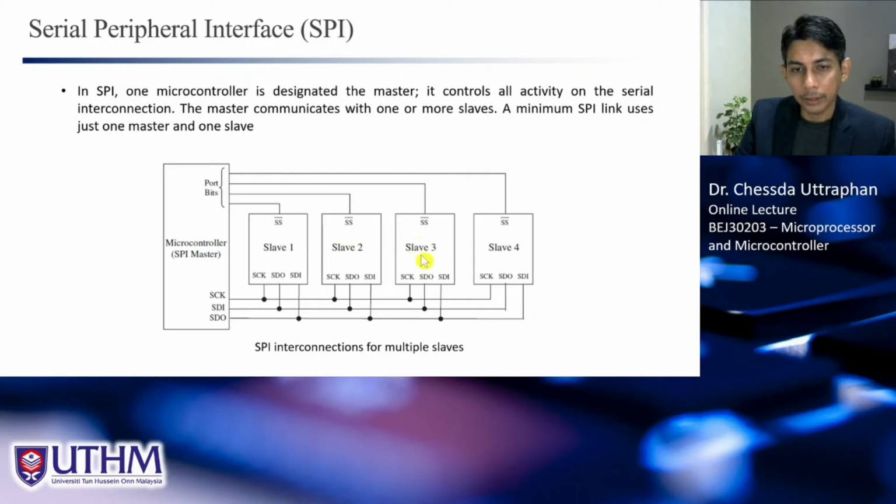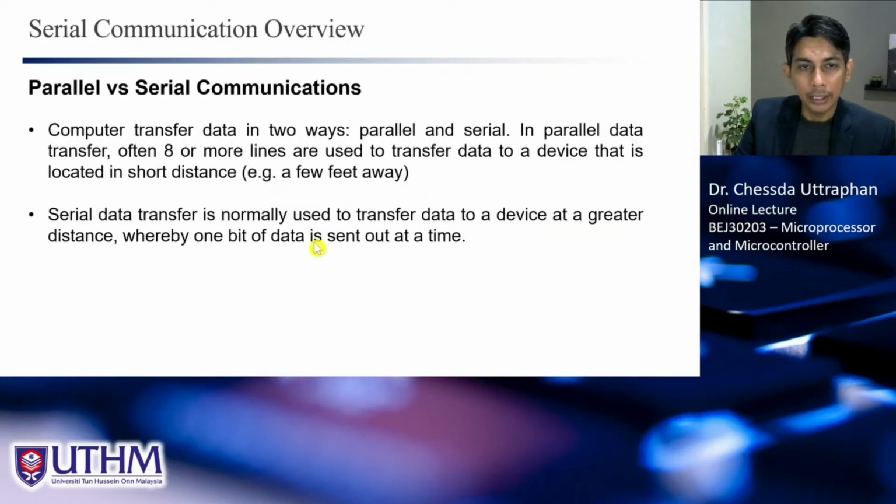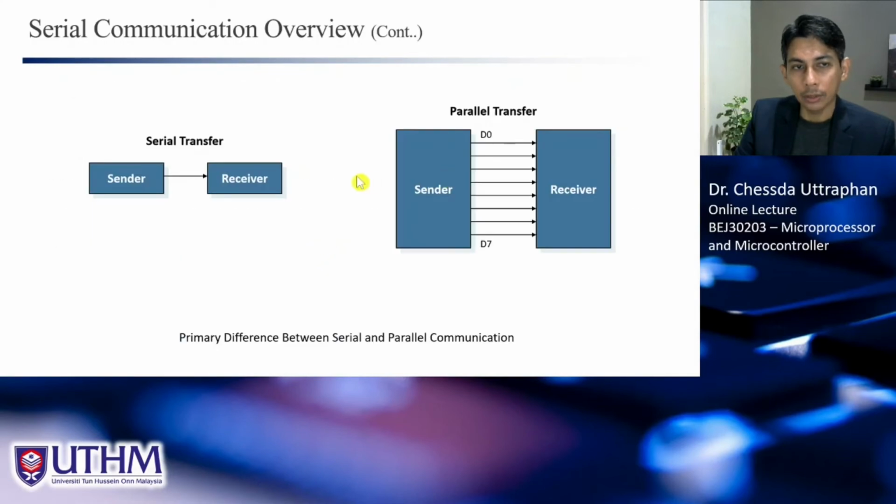If we have 3 slaves, now we have 6 wires, and if we have 4 slaves, now we have 7 wires. Remember, the advantage of serial communication is that we use fewer lines for communication.